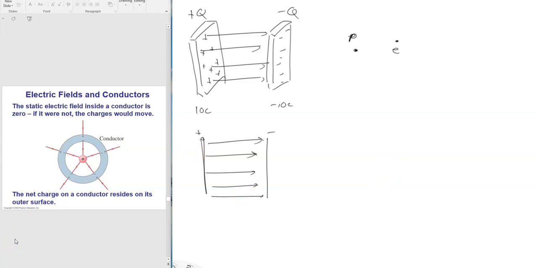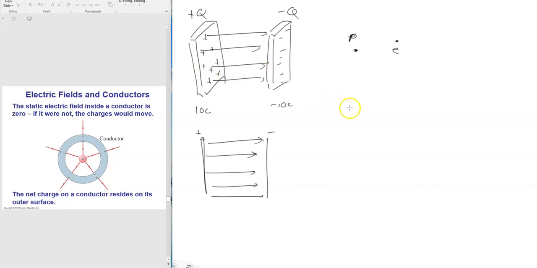But when it comes to bigger objects, not these microscopic tiny point particles, but actual bigger objects with some dimensions, like a solid sphere or some metallic cylinder, or something made out of an insulating material, but we place some charges on it, things act a little differently. There are some interesting things we can talk about.